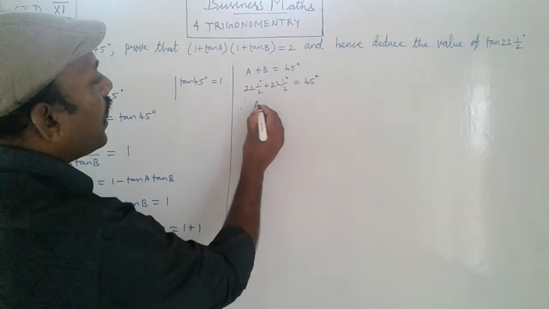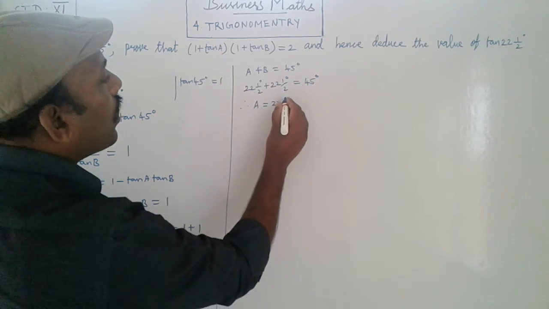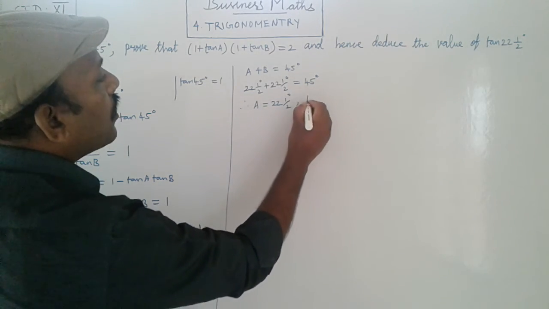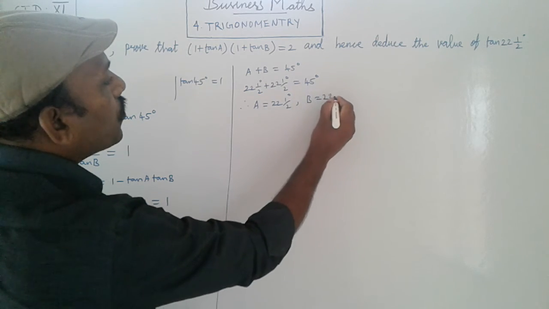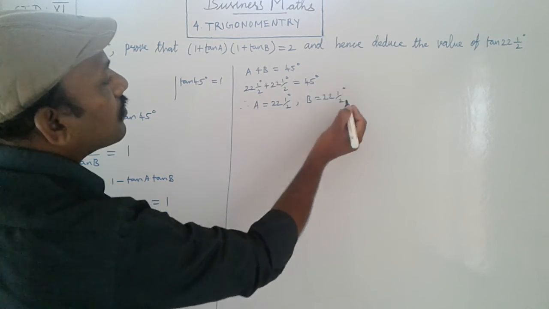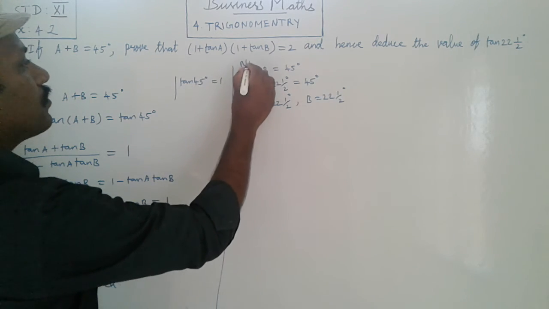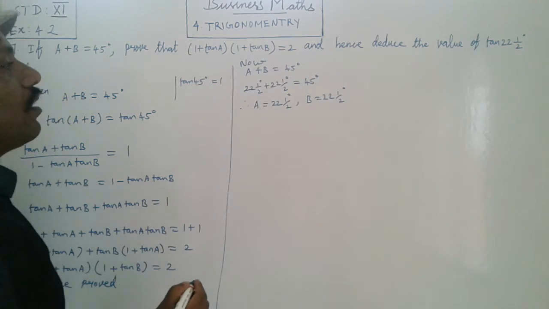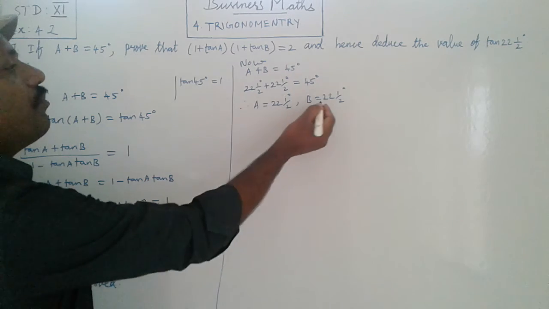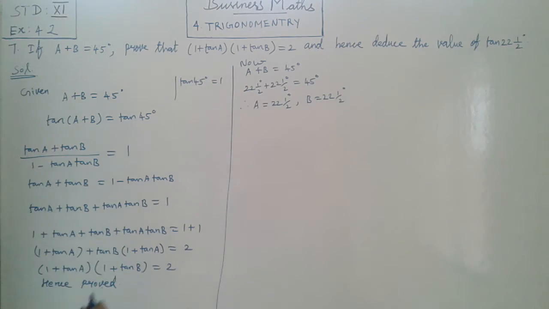Therefore a equals 22.5 degrees and b also equals 22.5 degrees. So a and b values are 22.5 degrees.